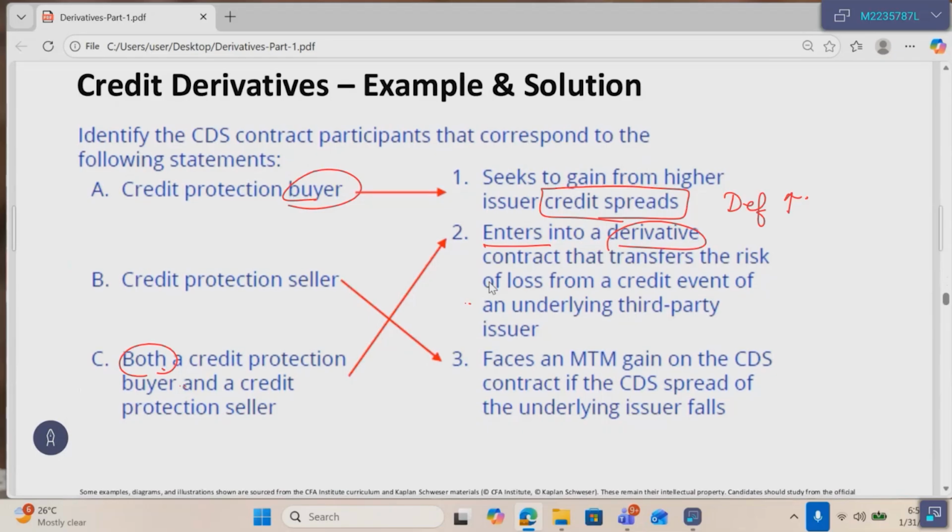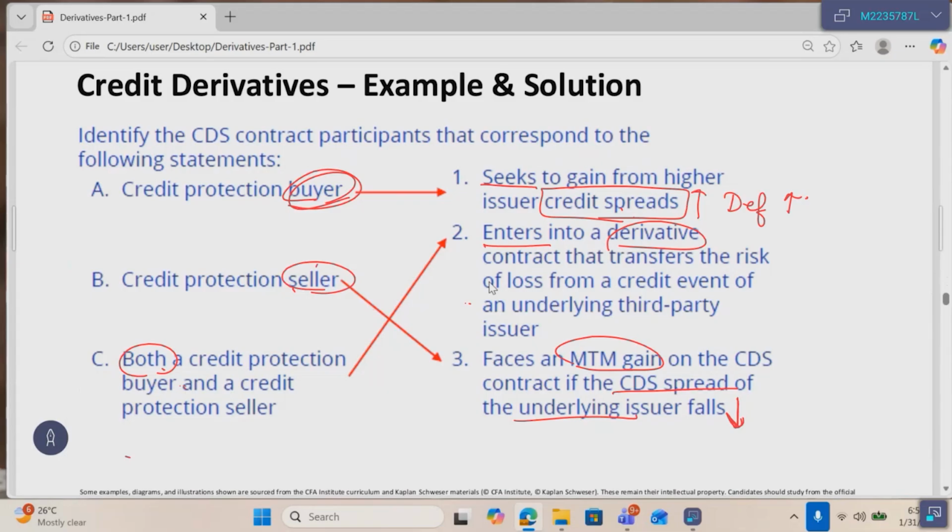The buyer. When will the seller gain? The seller will gain when the spread falls. So remember, spread goes up, buyer will make money. The spread falls means default is not going to happen, the chance is lower, so the seller will make money, right?